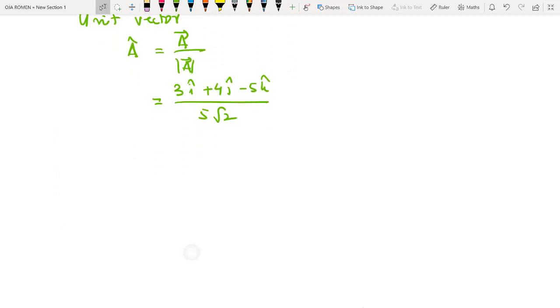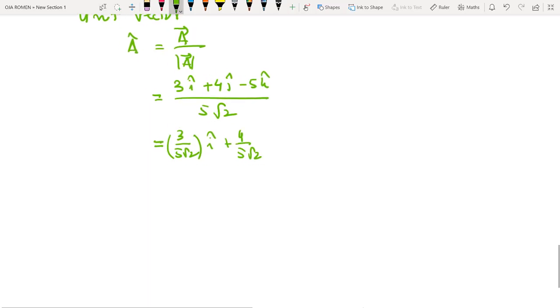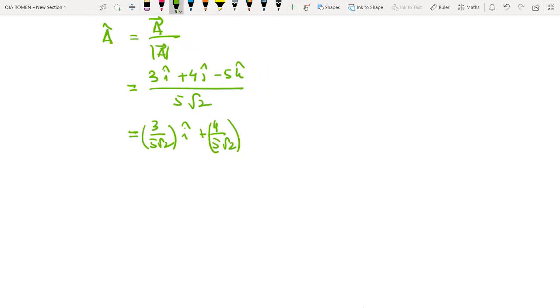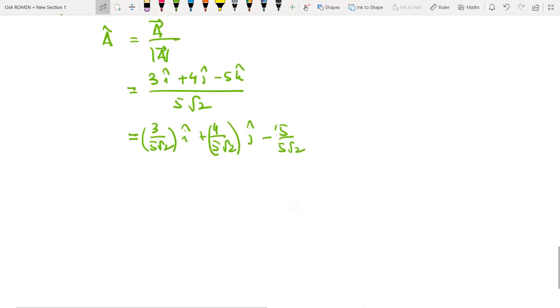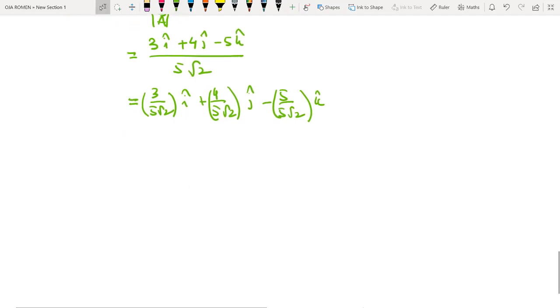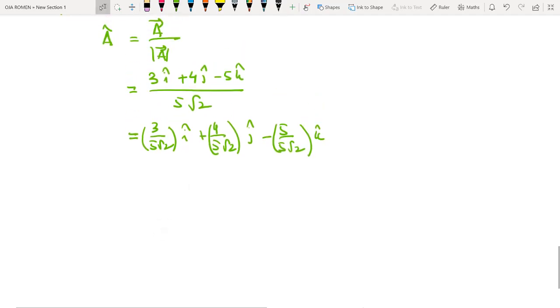So this is 3 by 5 root 2 I plus 4 by 5 root 2 J minus 5 by 5 root 2 K. So the unit vector is this.